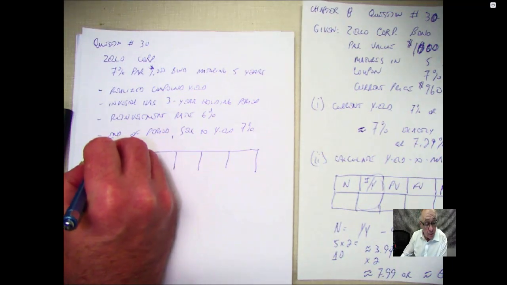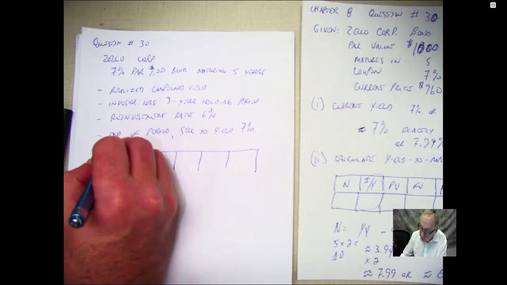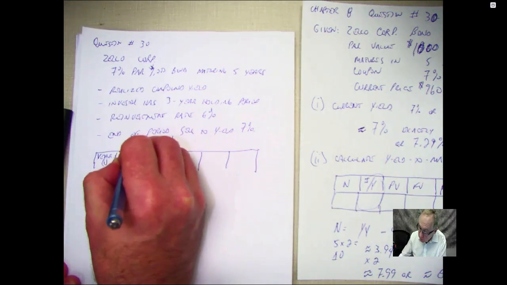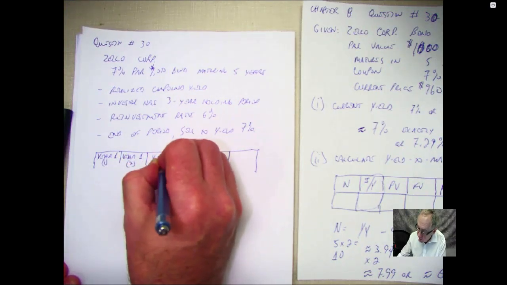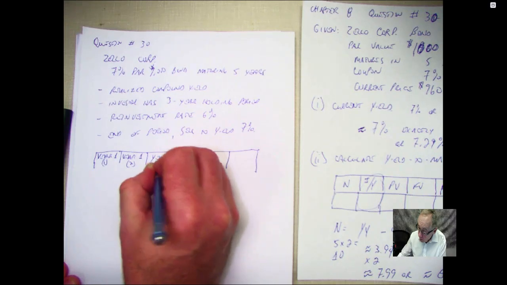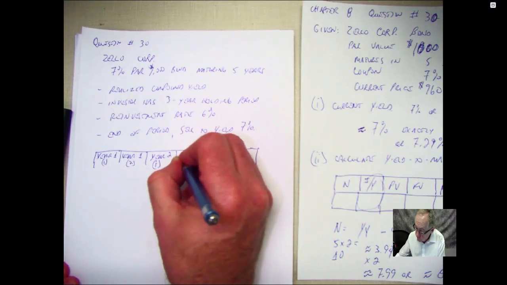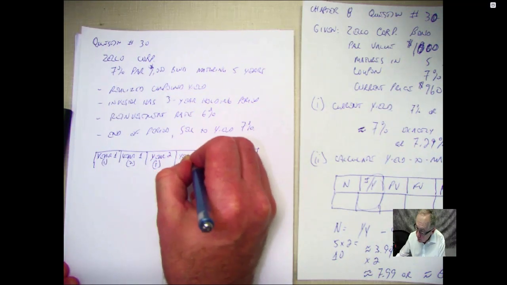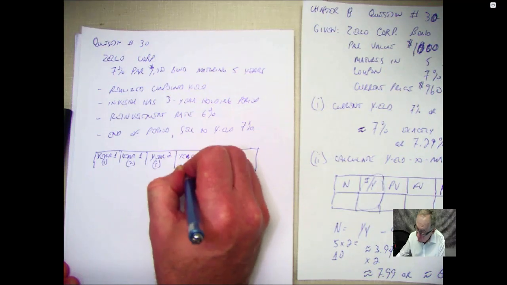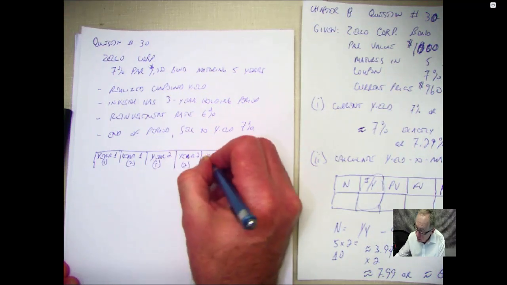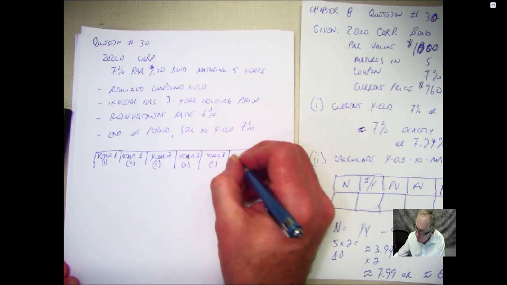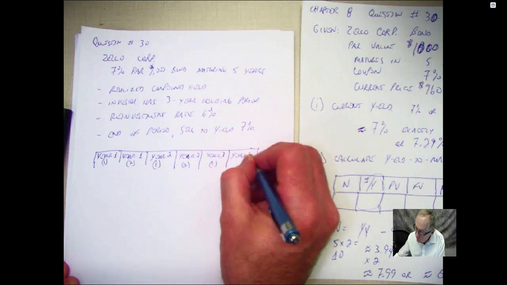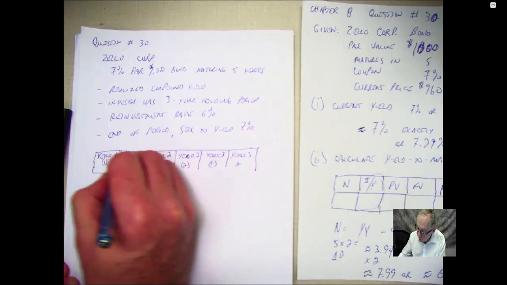The way I've set this up is year 1, part 1, year 1, part 2, year 2, part 1 again, year 2, second part, year 3, second part for year 3.